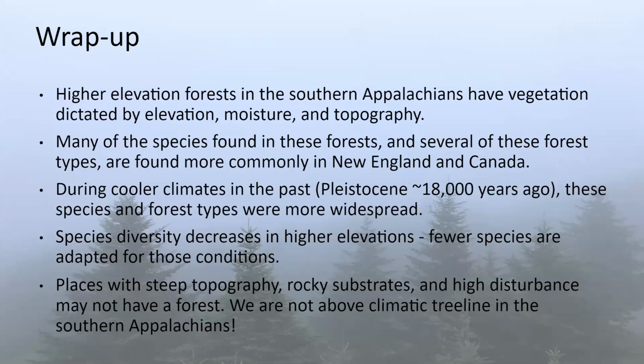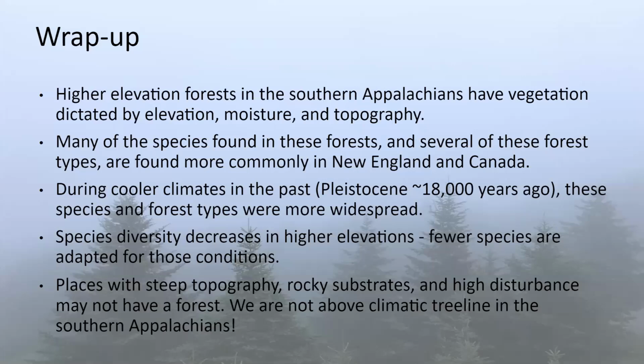So just to quickly wrap up, we have high elevation forests in the Southern Appalachians. The vegetation that you find there depends on the elevation, the moisture, and topography. And a lot of the species that we see when we looked at all those range maps, one thing that emerges is that many of these species are much more common to find in New England and Canada. There are some that are Southern Appalachian endemics, right?